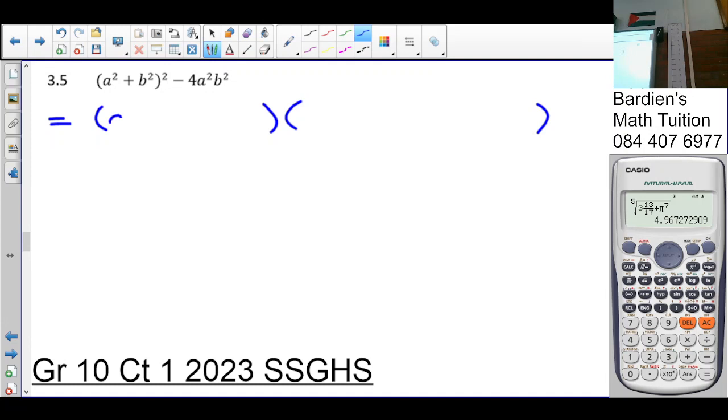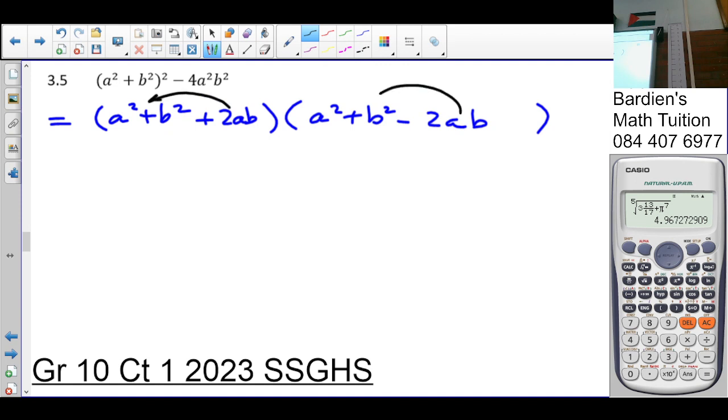So we see that's going to give you a squared plus b squared plus 2ab, a squared plus b squared minus 2ab. Not so? Now you say, okay, but what will happen if I put that there? So that's now going to give us a squared plus 2ab plus b squared into a squared minus 2ab plus b squared.